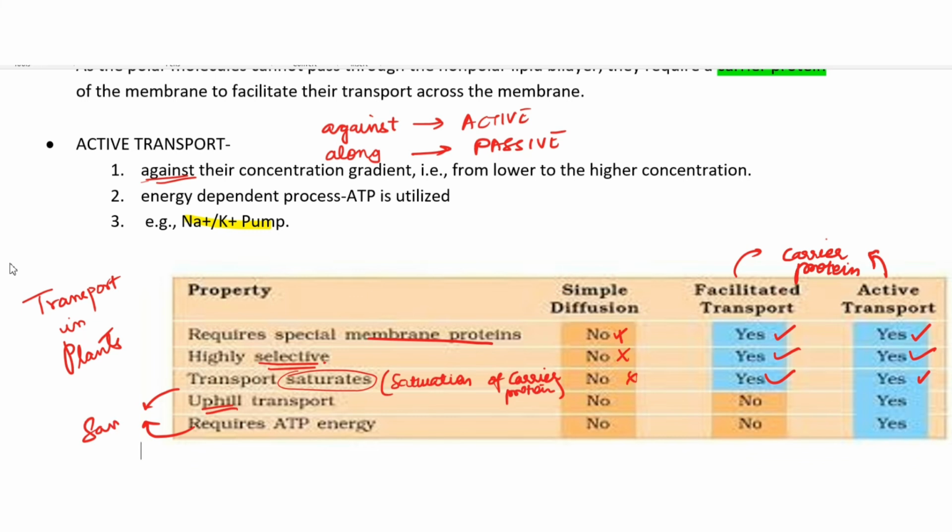Whether it is an uphill transport: no, for simple diffusion. It is downhill, along the concentration gradient. Facilitated transport, is it uphill or downhill? It is downhill. It is just the same as passive transport, but it requires a carrier protein so that polar molecules can pass through the non-polar lipid bilayer.